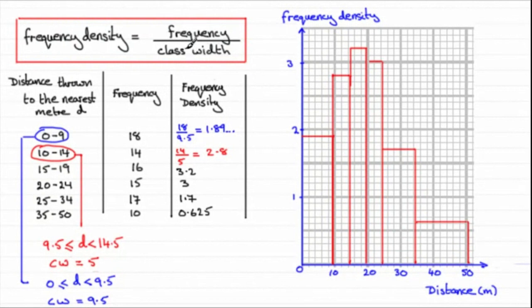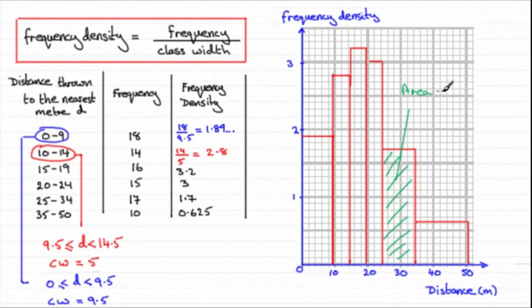So for the first bar, the frequency density, this measurement, times the class width gives you the frequency. When you multiply this side by this side, that's the area. So the area of any bar, let's shade this one in, is the frequency, because we're doing frequency density times the class width.